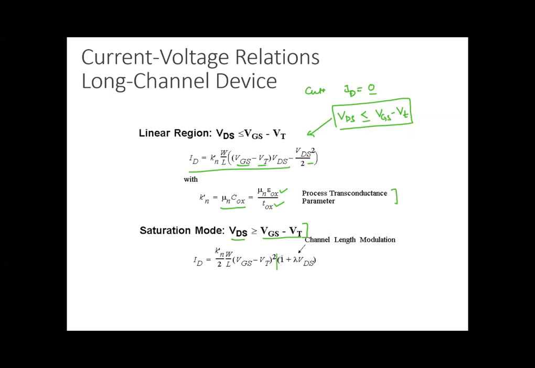Normally we assume your current to be like this. But in the previous slide, I introduced this channel length modulation thing. So this lambda is called the channel length modulation parameter. Its value is 0.01 or maybe some slight modification depending upon component to component or technology to technology.